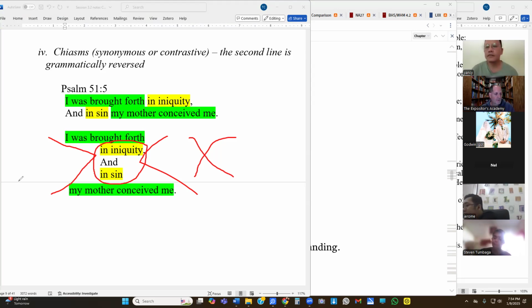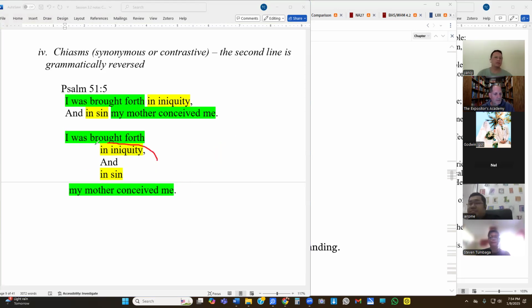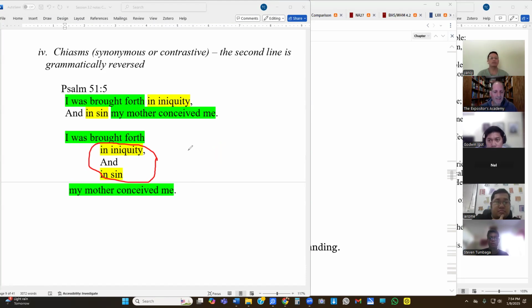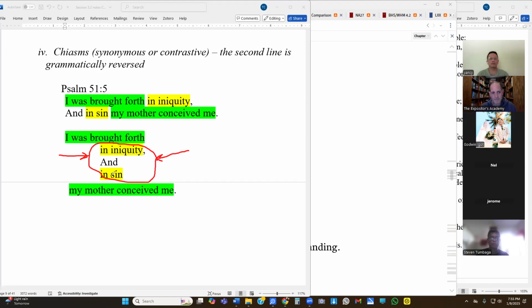So what's being emphasized here, and this is why the author does it, is not just to be different or unique or have some artistic quality, though it does. It's mainly to draw attention to the part that got reversed. And in this case, he's focusing attention on iniquity and sin because he wants to emphasize that in this particular statement.